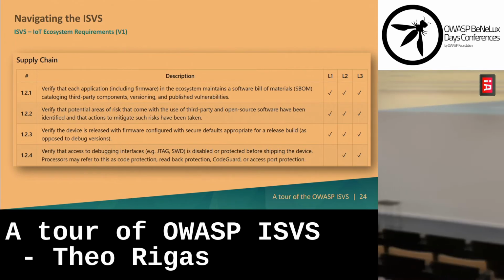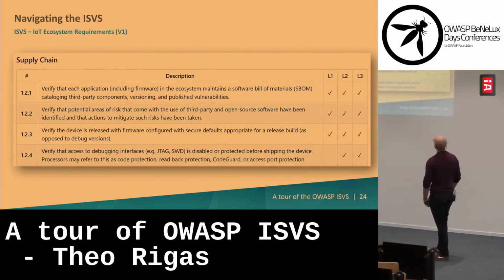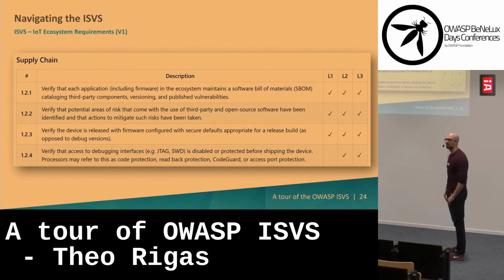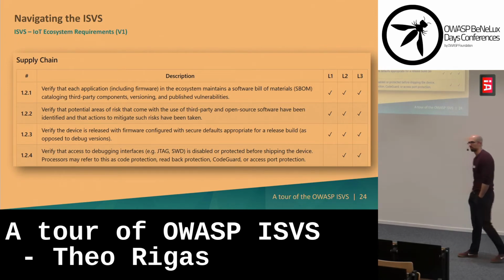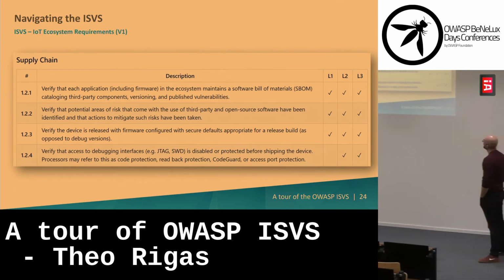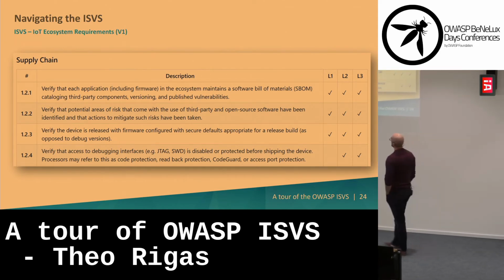So, for example, the first one, verify that each application in the ecosystem maintains a software bill of materials. And in the previous talks, we already saw the importance of having a software bill of materials. Cataloging third-party components, versioning, and published vulnerabilities.